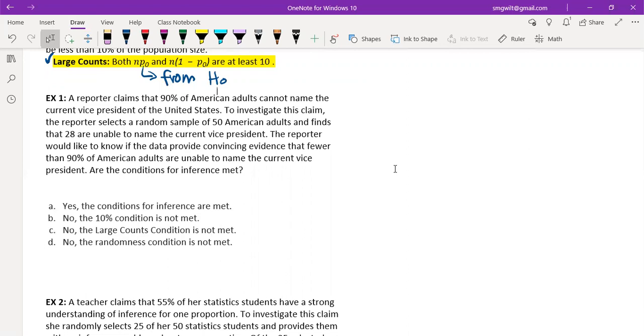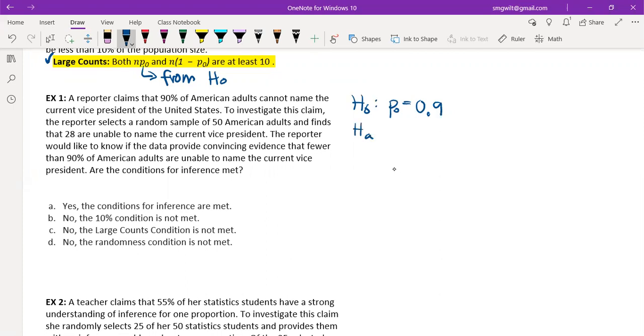So what's happening here is that the null hypothesis is that the proportion, p naught, is 0.9, right? 90% of Americans cannot name the current vice president.